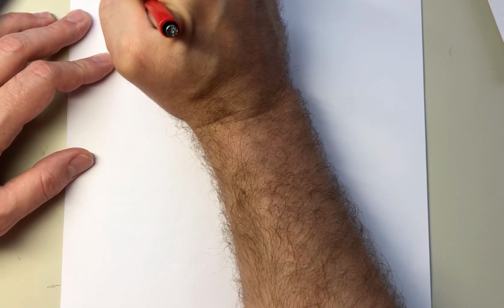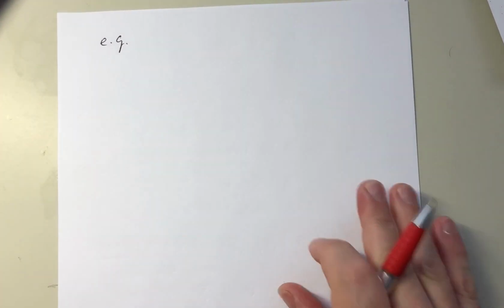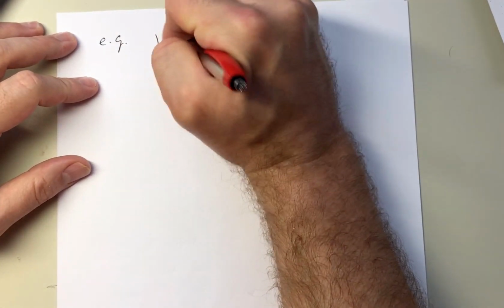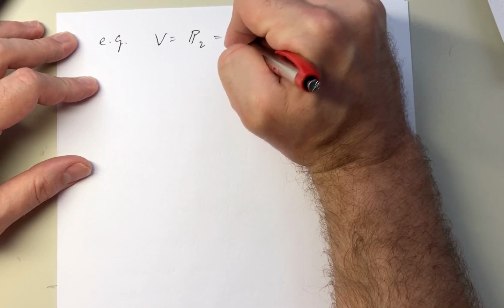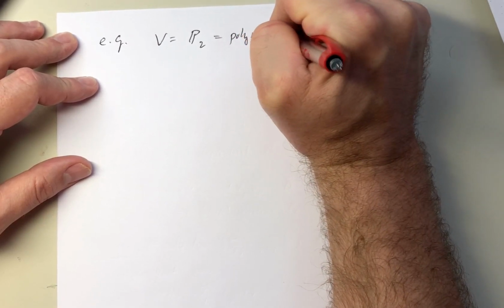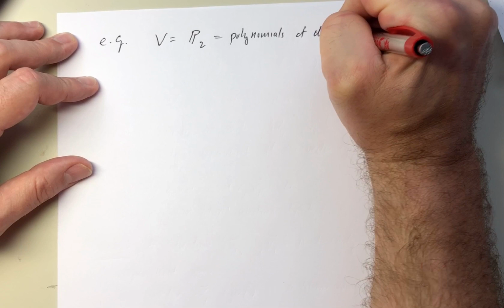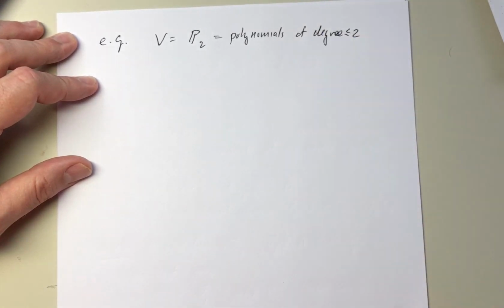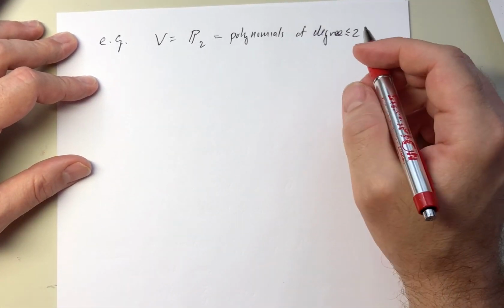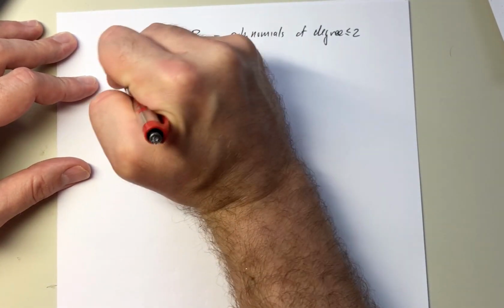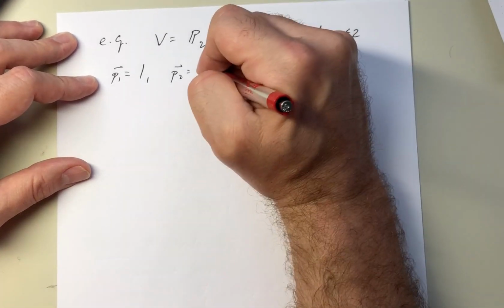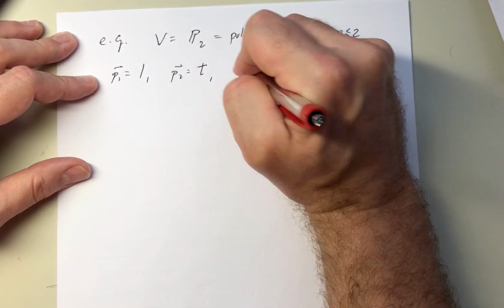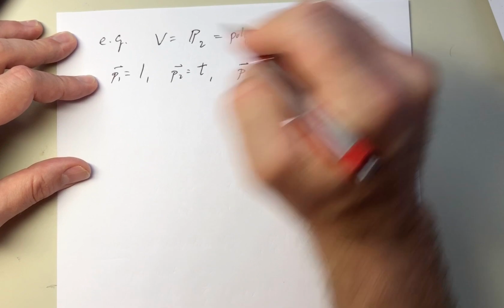So let me give you an example here. Let's go to our abstract world. So e.g., let's take V to be P2, the polynomials of degree at most 2. And let me take a collection, let's say P1 is the vector 1, P2 is the vector t, P3 is the vector 4 minus t.